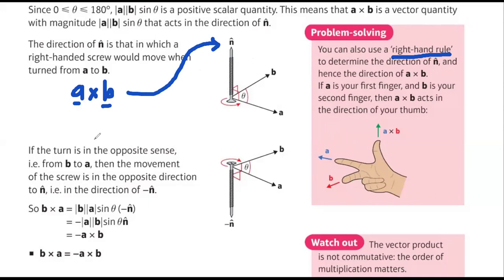If you want to find B into A, you want to consider like this. B from the first finger, A from the second finger.